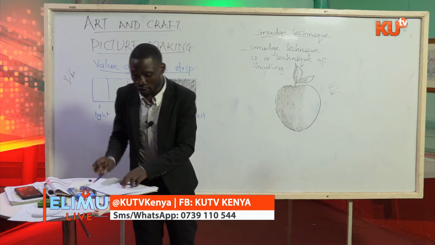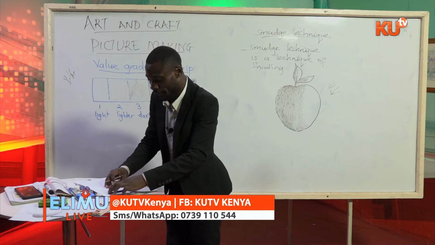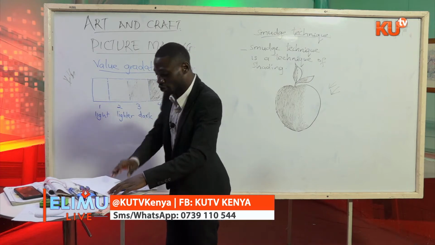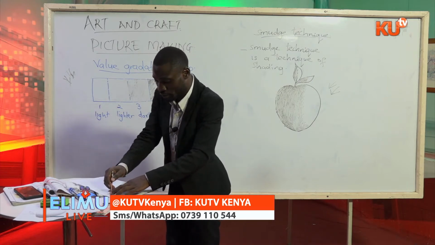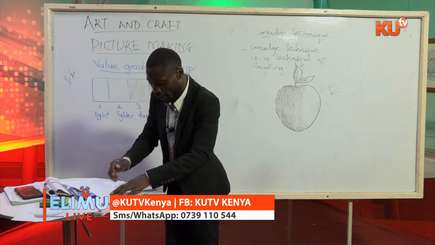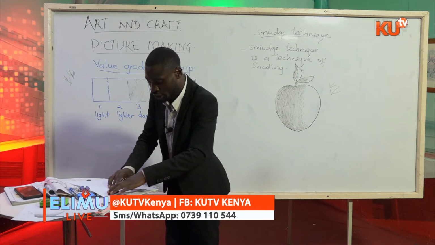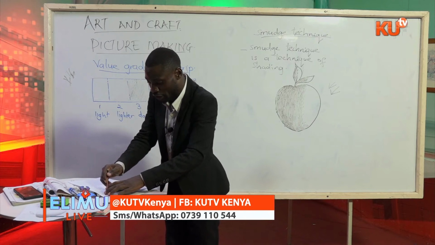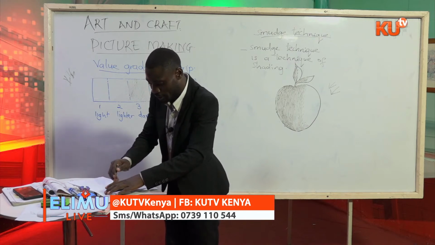Okay, so I will draw my value gradation strip. First, I'll draw it this way and divide it into 5 strips.